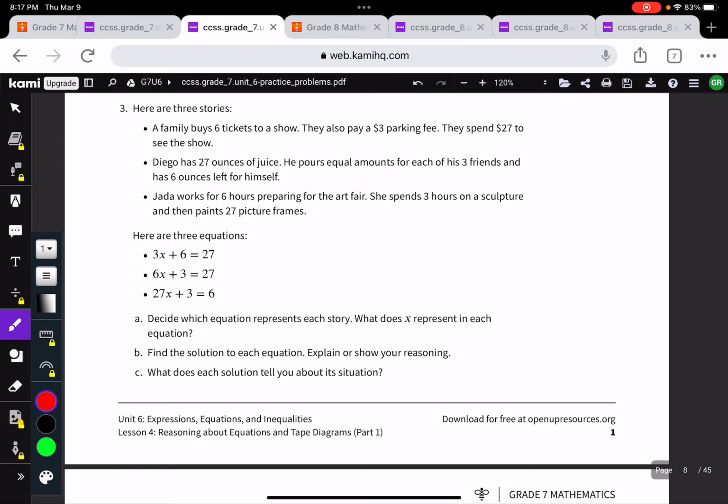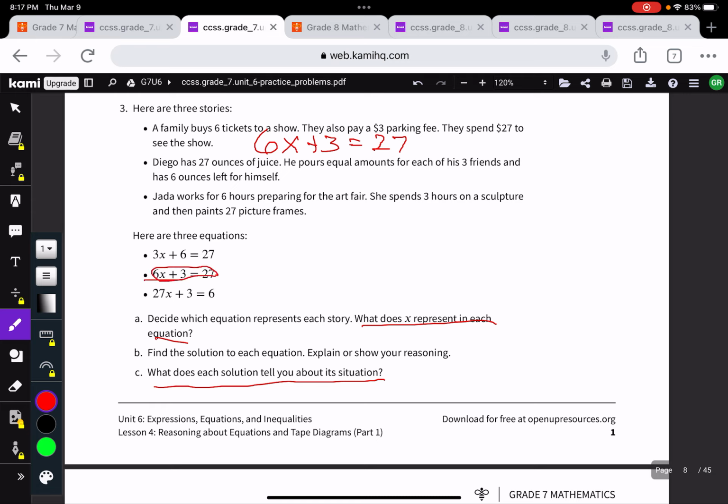Well, this question is kind of like saying that. So if a family buys 6 tickets to a show, don't know how much a ticket is, it's kind of like saying, well, 6 times what plus the $3 is the total of the $27 they spent. Guess what? That's exactly that one.